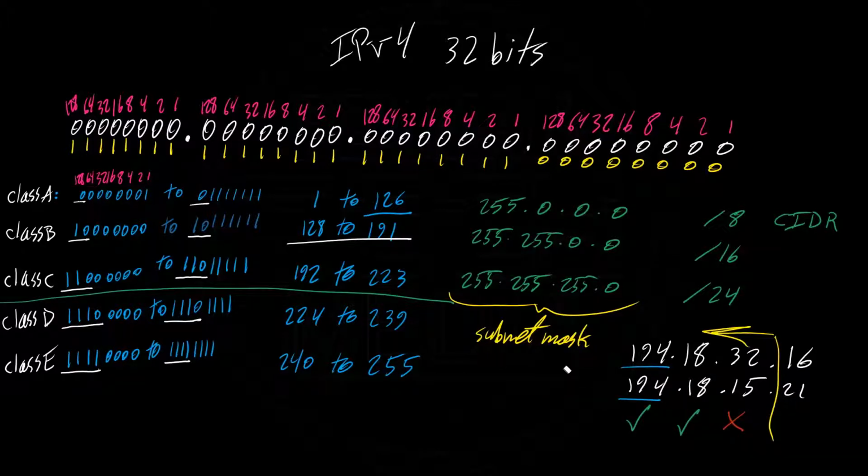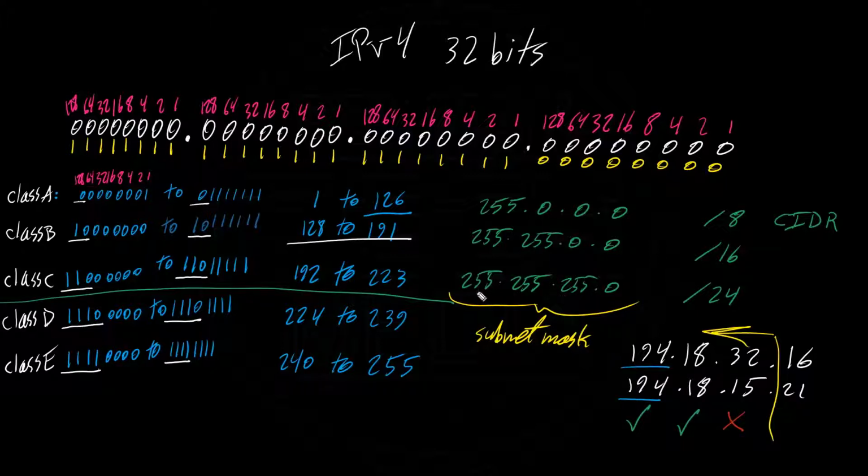How do we know they're not on the same network? Looking at the IP address and based on the default subnet mask, we can tell these two IP addresses are class C, and the default subnet mask for class C is 255.255.255.0.